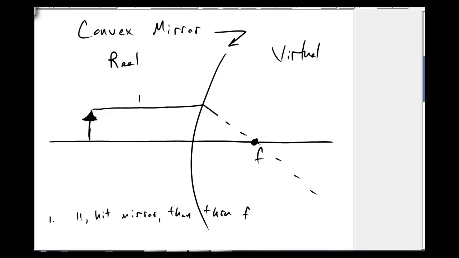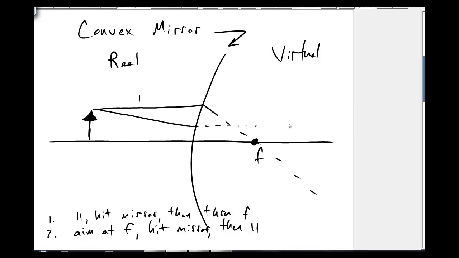The second rule is I take aim at F, hit mirror, then parallel. So I'm going to aim for the focal point. I'm not going to get there because the mirror is in the way, and I'm going to go through like this.